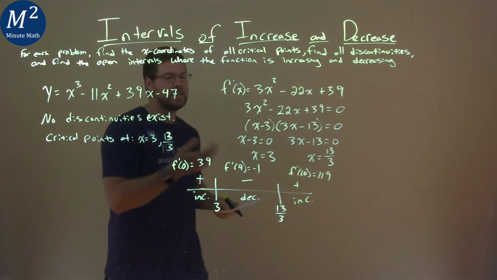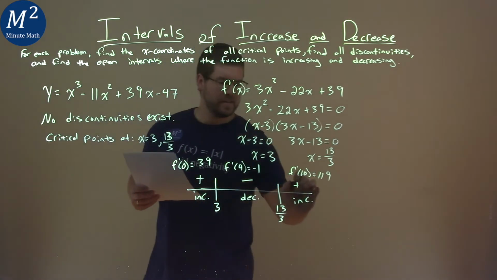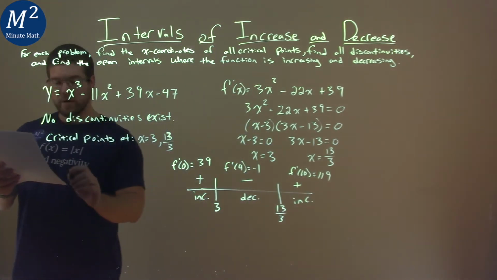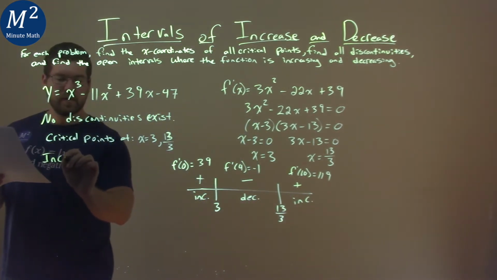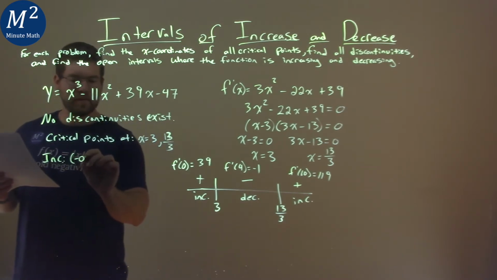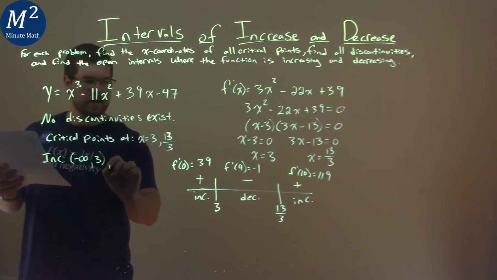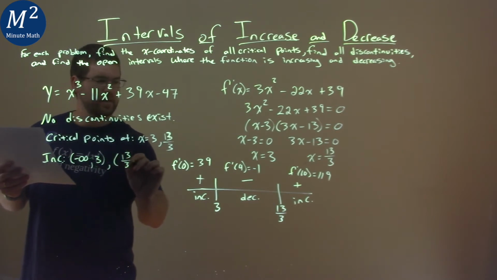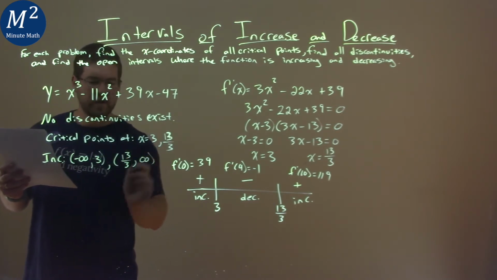And now this gives us a cheat sheet where it's increasing and decreasing. So we're increasing on the interval from negative infinity to positive 3, and from 13 over 3 to positive infinity.